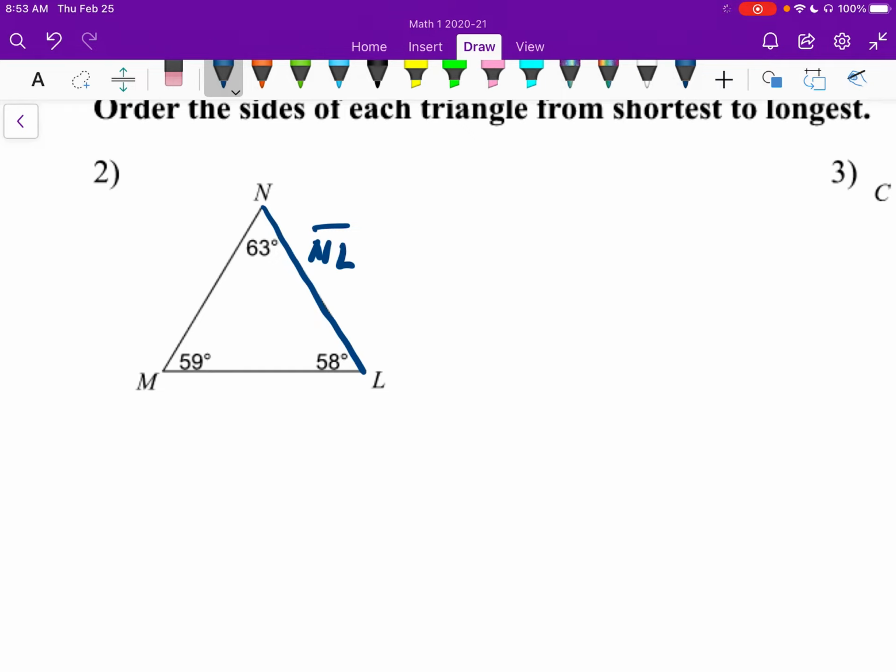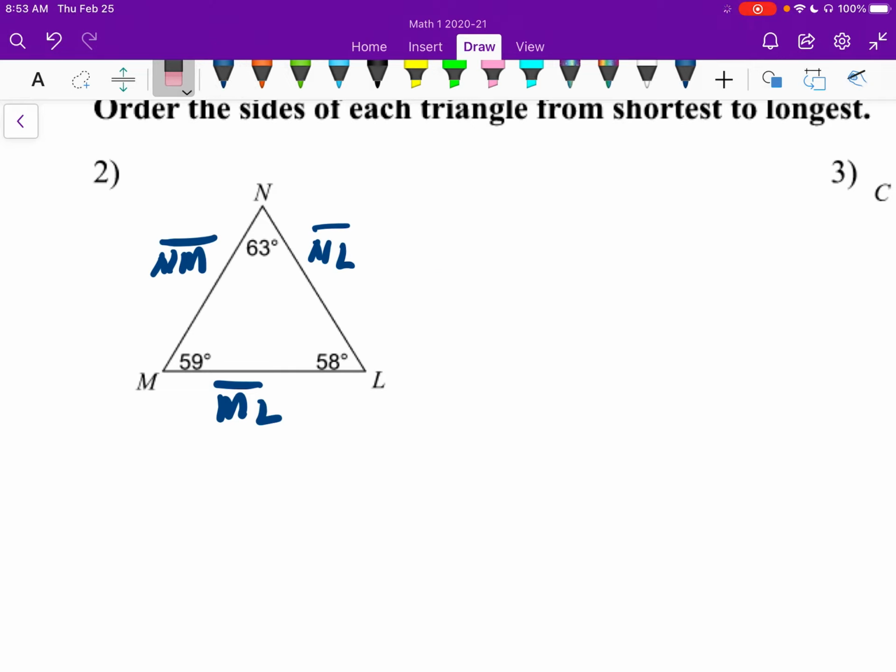They will use the little side length symbol there, so we will use that as well. Next up, we'll have NM and ML. A lot of the time, they will be in alphabetical order, not always. And they can also be swapped, right? So NL is the same thing as LN, right?